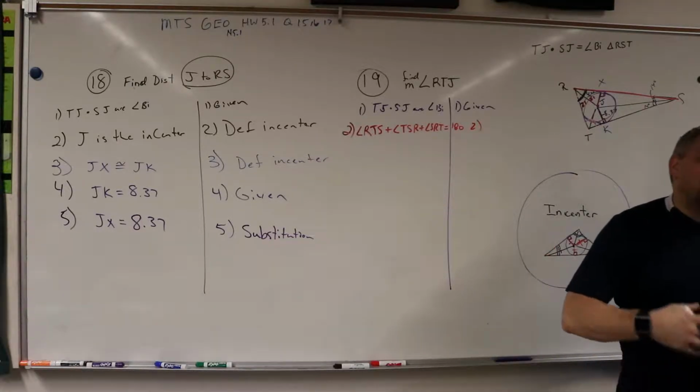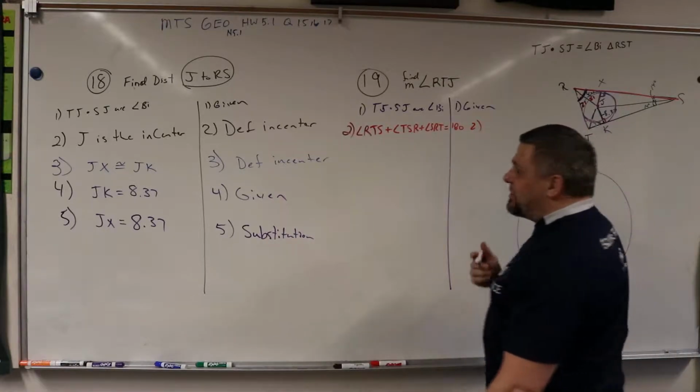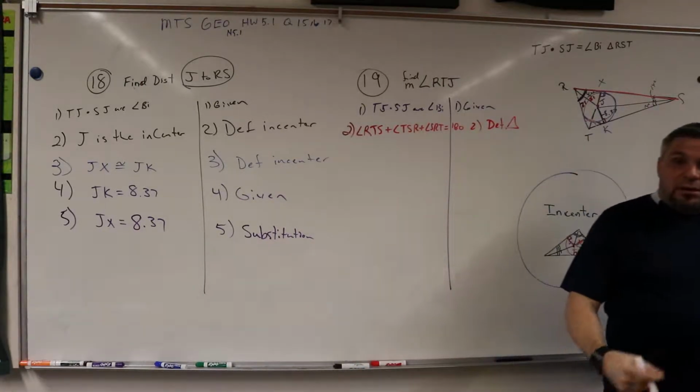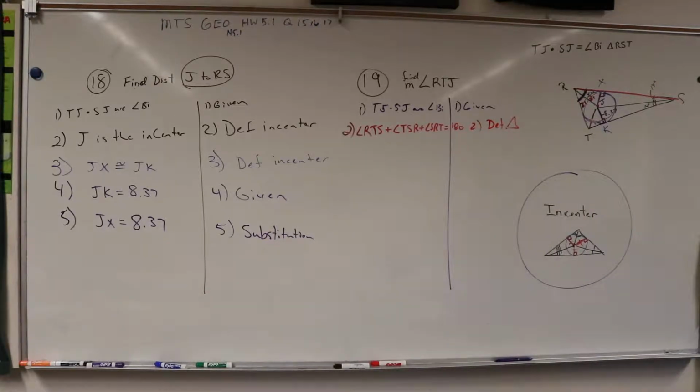I like it. Definition then. Definition of what? A triangle, right? Definition of a triangle says that all the angles add up to be 180, right? So, it's a fact. Now, do we know what RTS is?